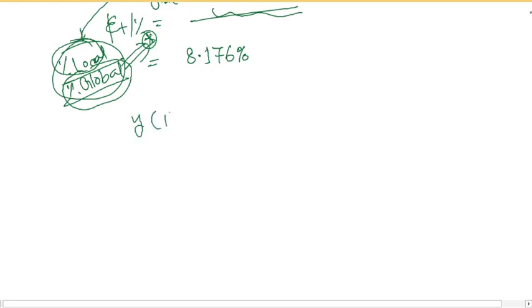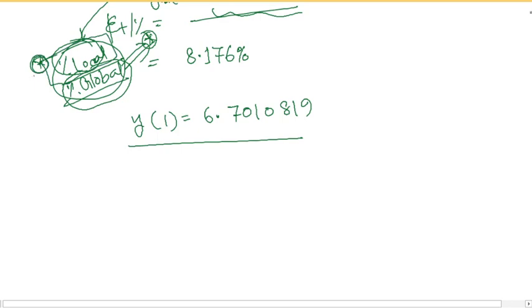Now we know y1 equals 6.07010819, the Heun's method result, and we'll be using this one. I am not going for the local error here. If you are asked to determine local error, then we will have to use the true value.